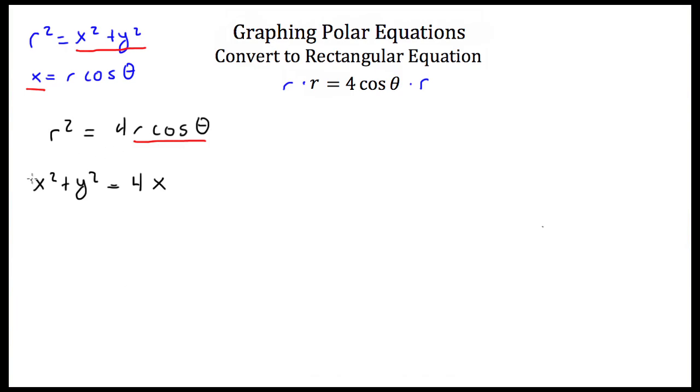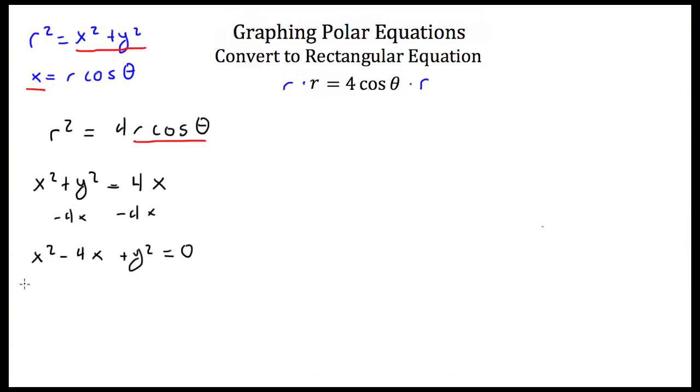Well, I can't exactly see what kind of equation this is. I'm going to move the 4x over by subtracting 4x from both sides. I'll have x squared minus 4x plus y squared is equal to 0.